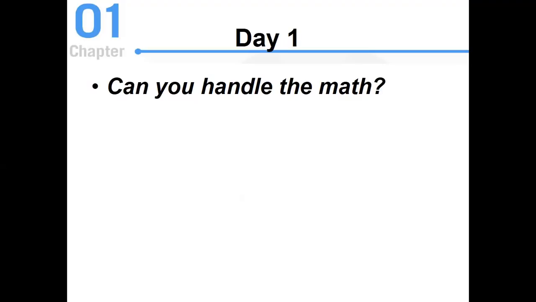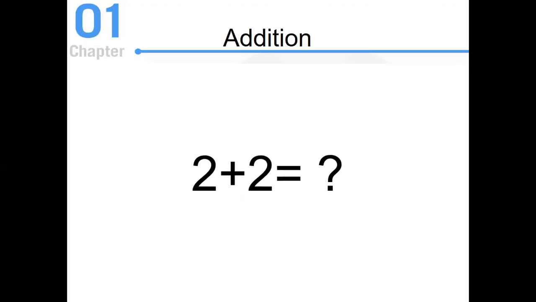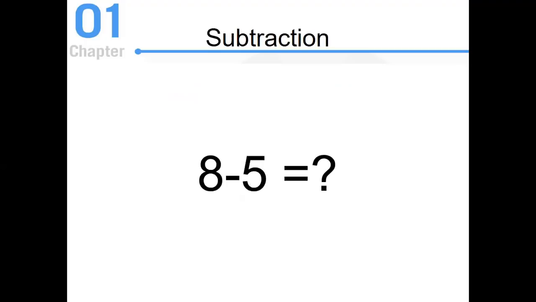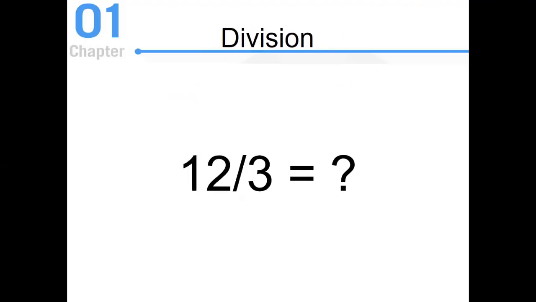What is more difficult is understanding the purpose of the different statistical procedures we're doing and how to interpret them. But basically if you can do addition, subtract, multiply, divide, and follow the order of operations, you should be completely fine in this course.